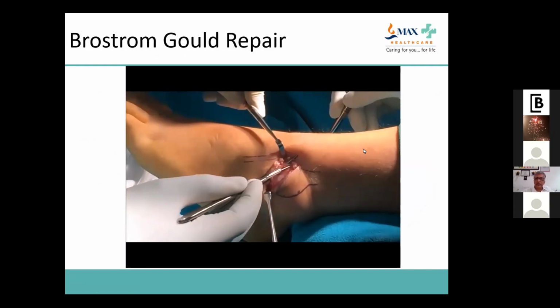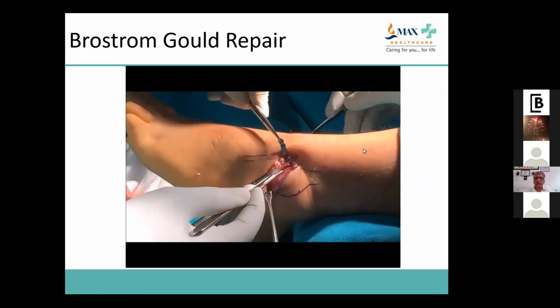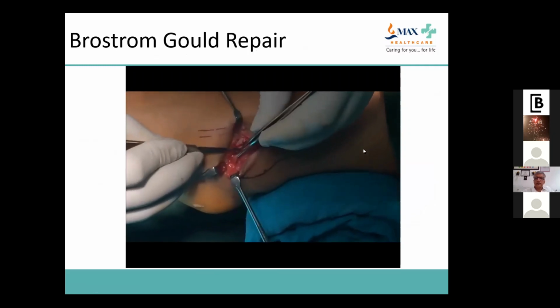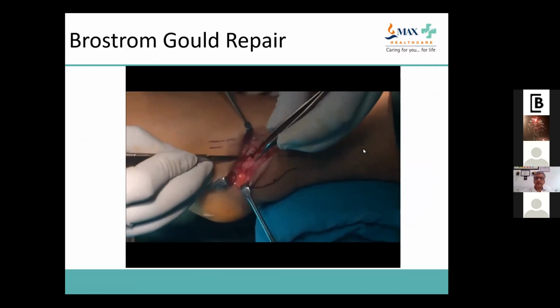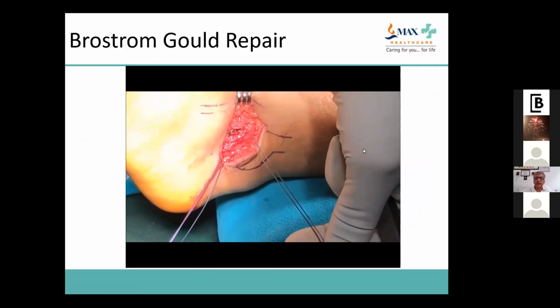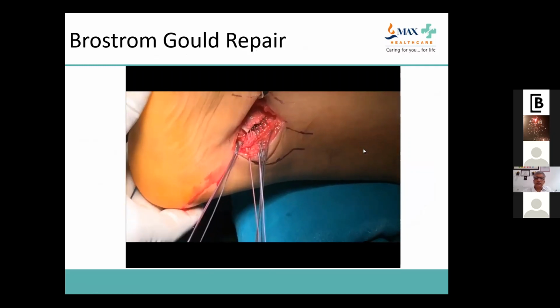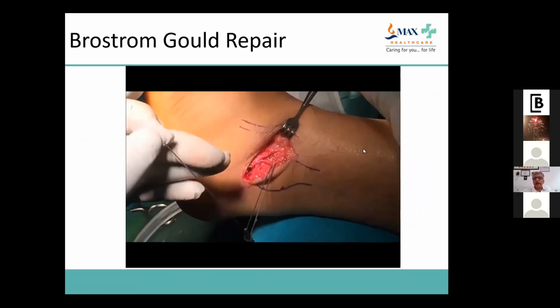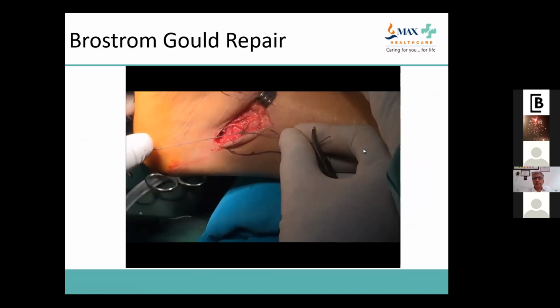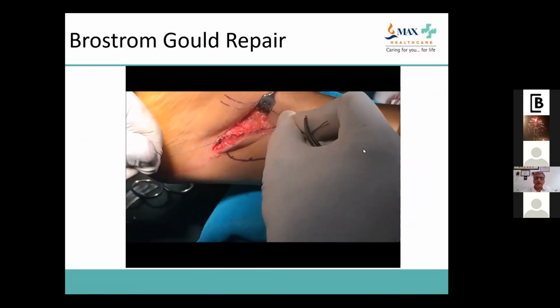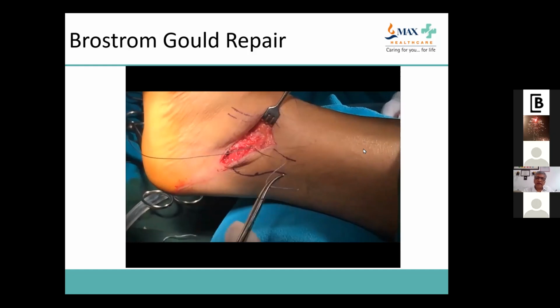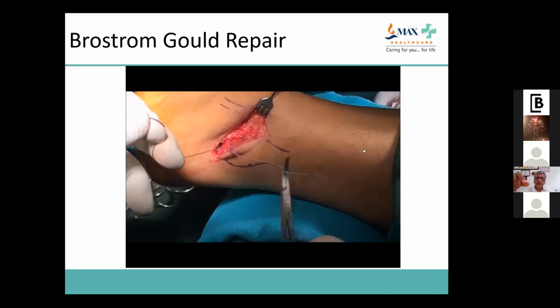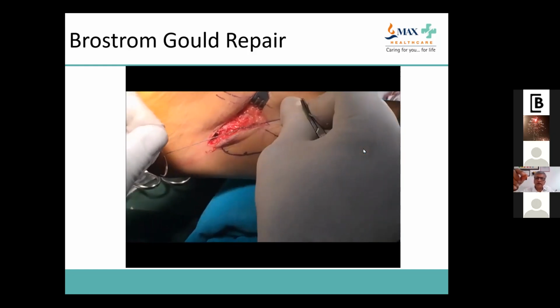So let's have a look at how we do the Brostrom-Gould repair now. The lax ligament is transected very close to the fibula, the periosteum is raised, and now the anchors with fiber wire are passed, and it is imbricated and brought close to the fibula.